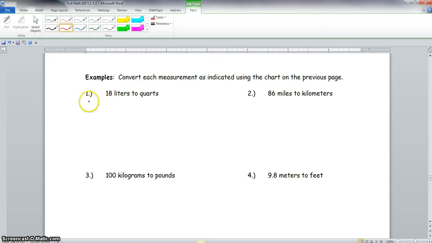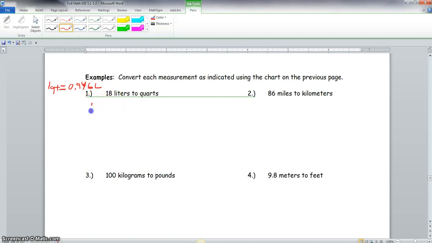The last value states, and I'll write this over to the side, 1 quart is equal to 0.946 liters. Now this is supposed to be a 4. So it'd be 1 quart is equal to 0.946 liters.